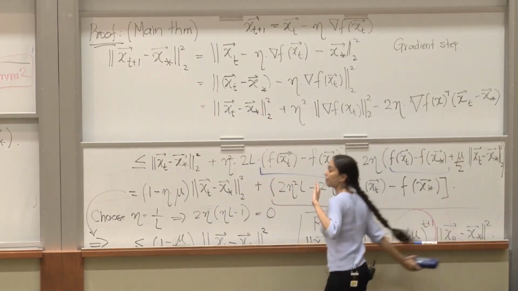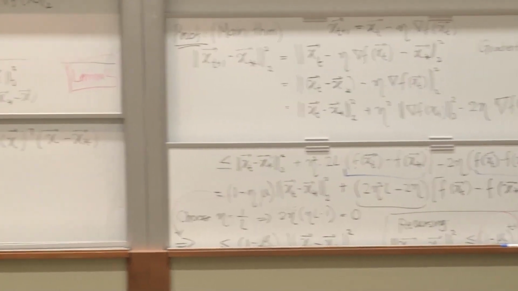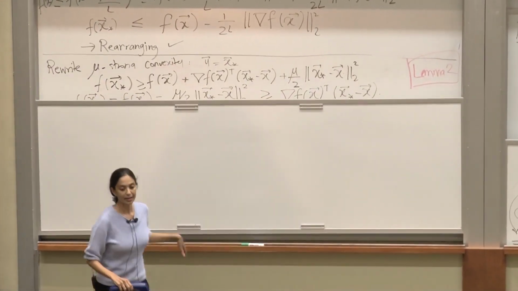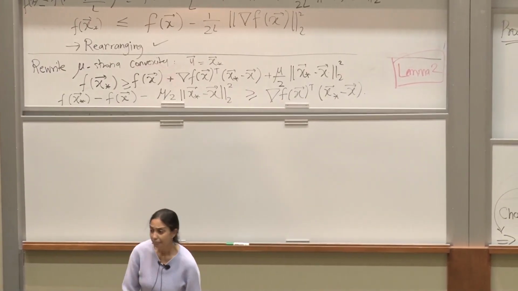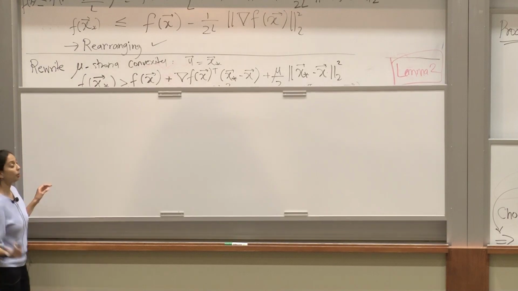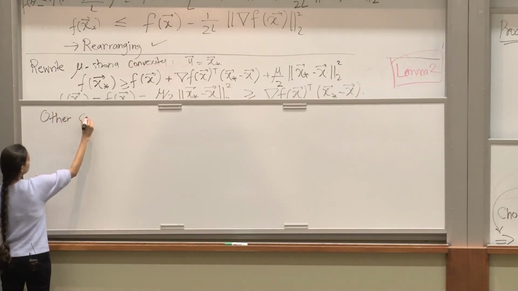This is now something that holds true for these special functions that are both mu strongly convex and L smooth. But that might not always be the case. So for example, you can go on to prove other convergence results. We're not going to.